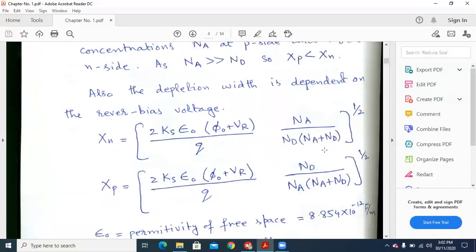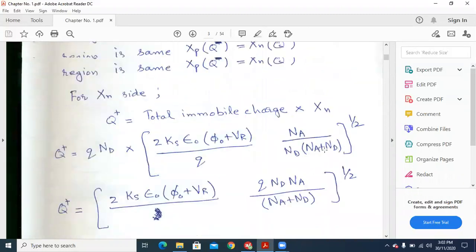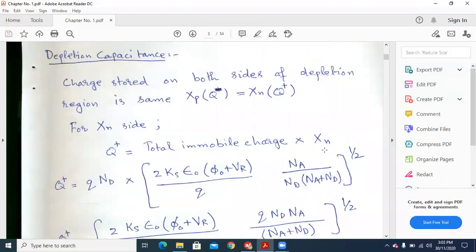Now we look into the total charge at both the P side and N side, which is constant. So how can we calculate the value of this charge?